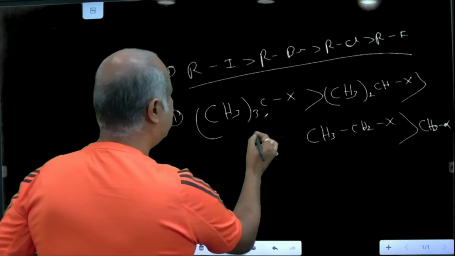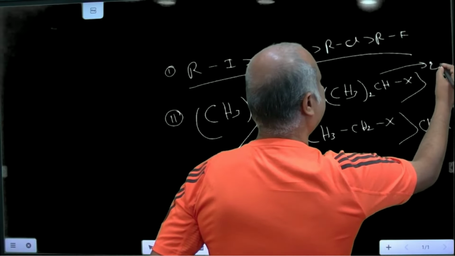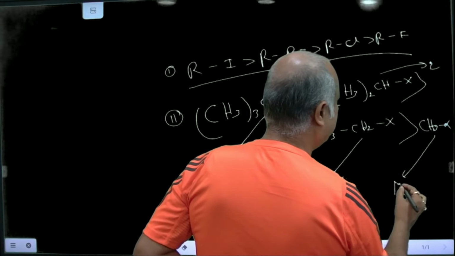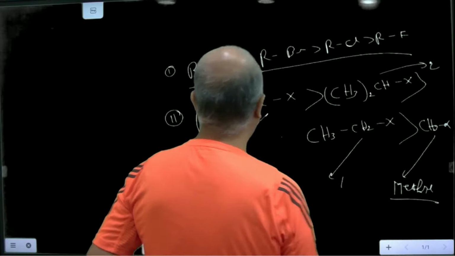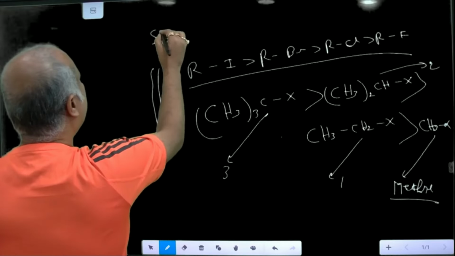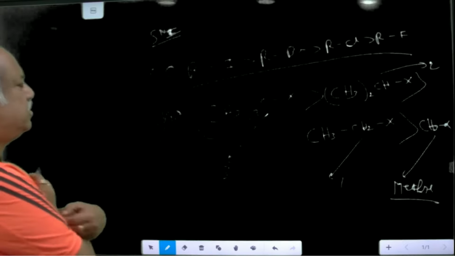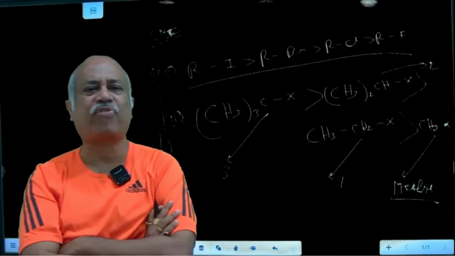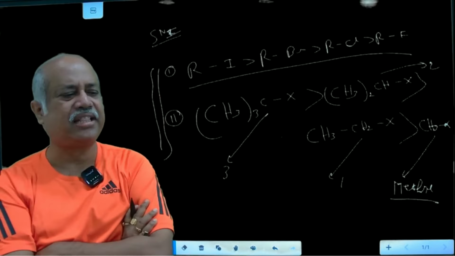That means 3-degree alkyl halide is greater than 2-degree, greater than 1-degree, and this is the methyl halide. Done? This is for the SN1 mechanism. The SN1 mechanism depends on the stability of carbocation: 3-degree greater than 2-degree greater than 1-degree greater than methyl.